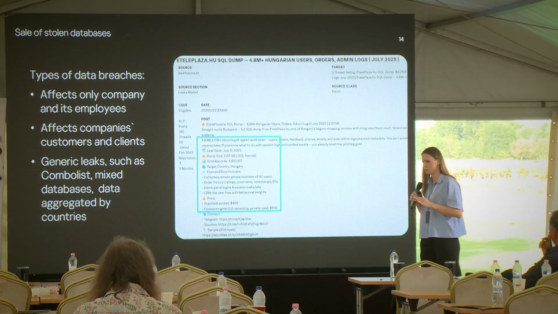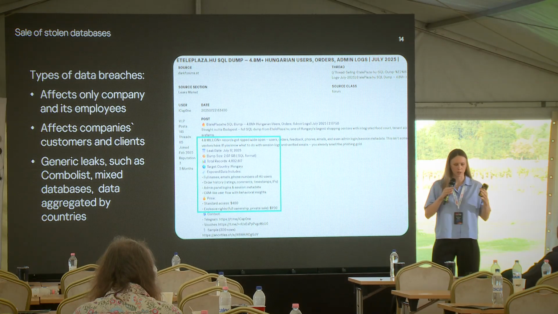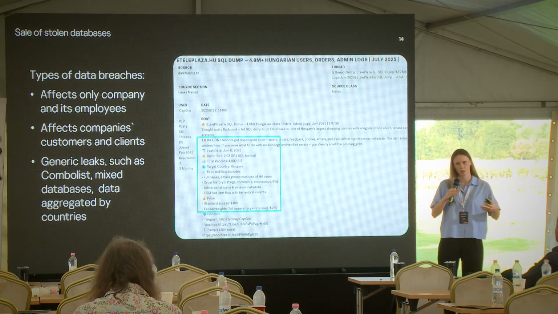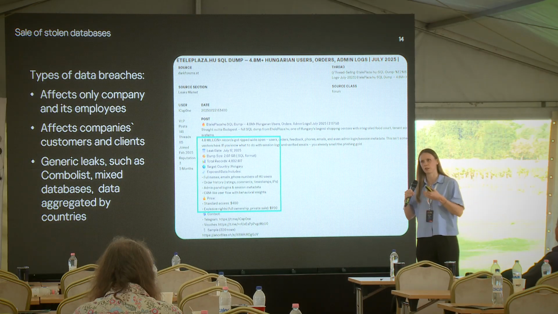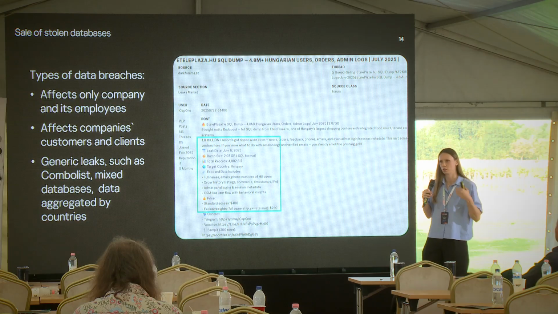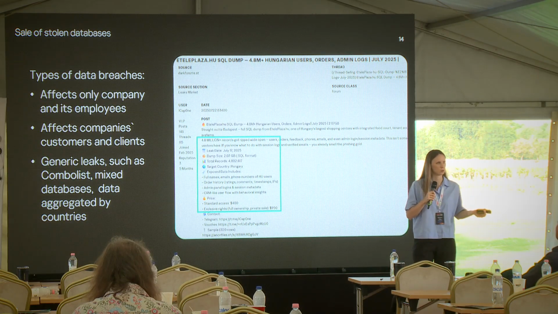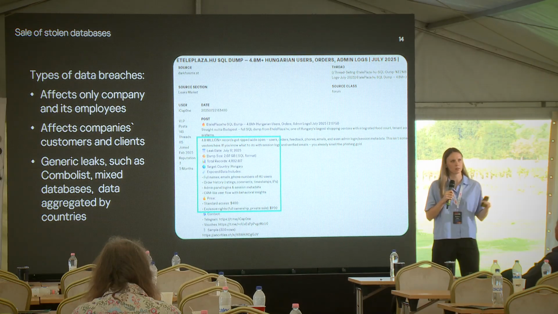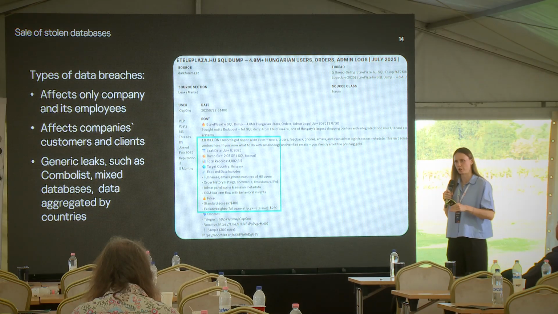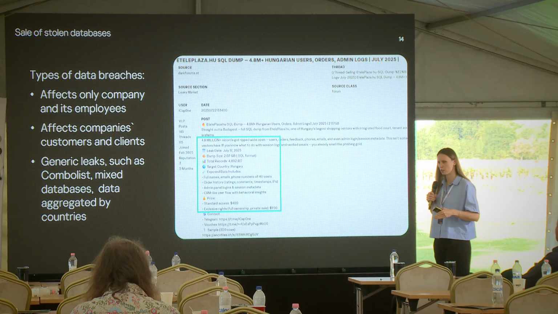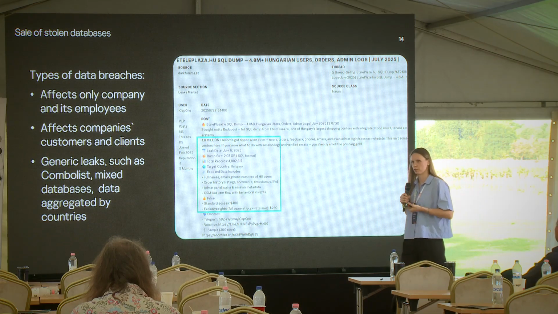The first one is the real breach from the company's internal system, affecting employees, financial information about partners, or existing documents, so anything related to the company operations and anything that may pose serious reputational risks for them.